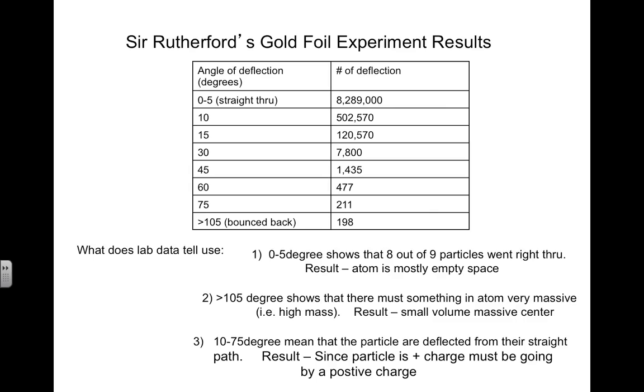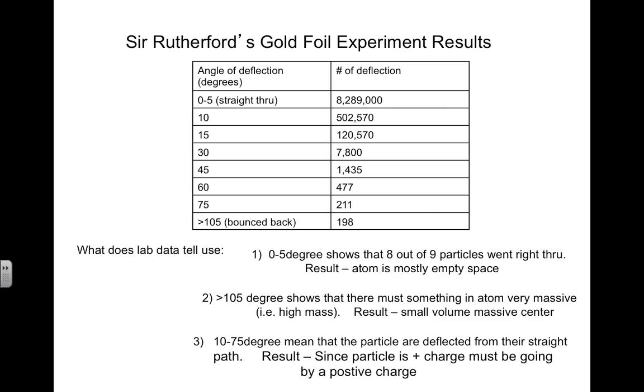So 8 out of 9 times the alpha particles went straight through the gold leaf, that is, the atom, which would indicate to him that the atom is mostly empty space, since it didn't deflect. If it went straight through, it was going through empty space.